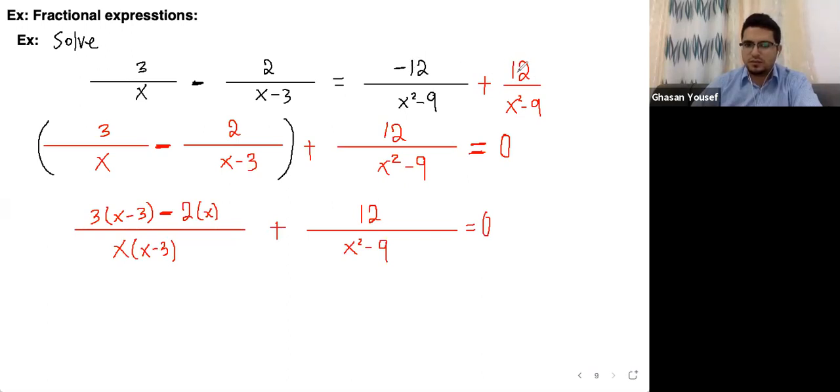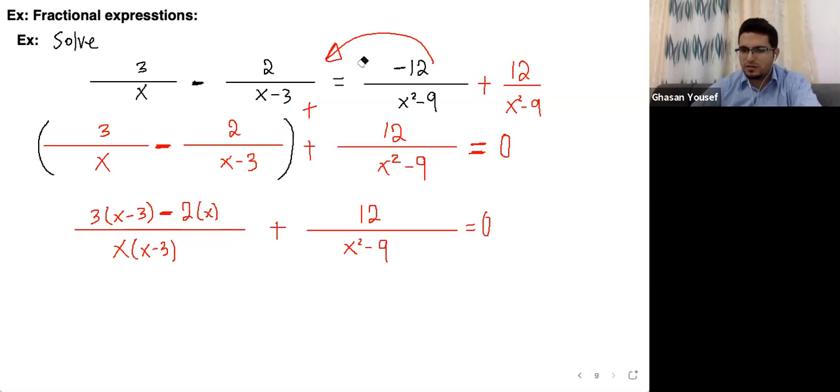Minus 12 plus 12 is 0 over the denominator. 0 over the denominator, they give me 0. So I cancel out this side. Then when I add it to this side, I have to add it to this side, like I said, because I want to move it to the left side. So actually, I add for both sides plus 12 over x squared minus 9.